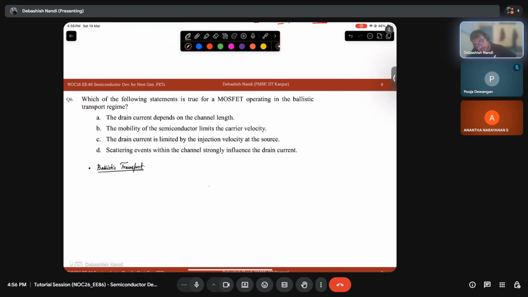So let's say I give you some energy band diagram like this. Let's say this is your EC. This is source, this is channel, this is drain. So you know, right?